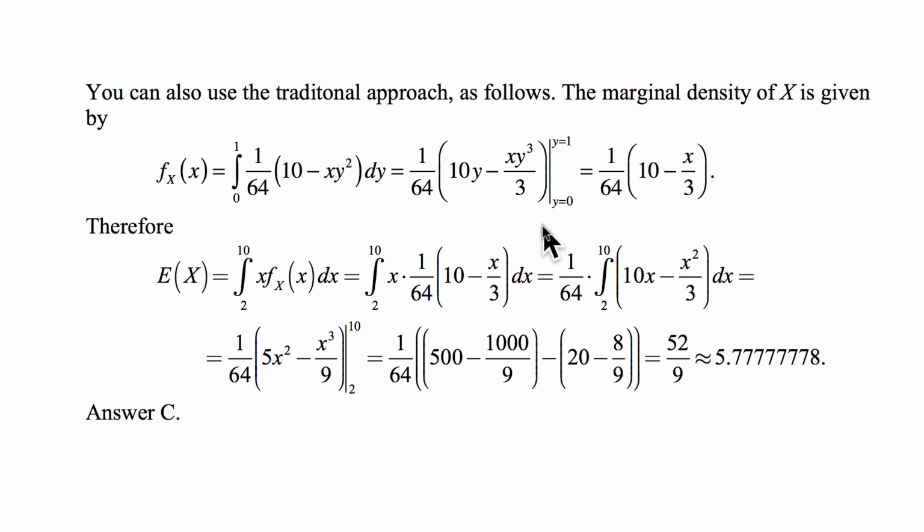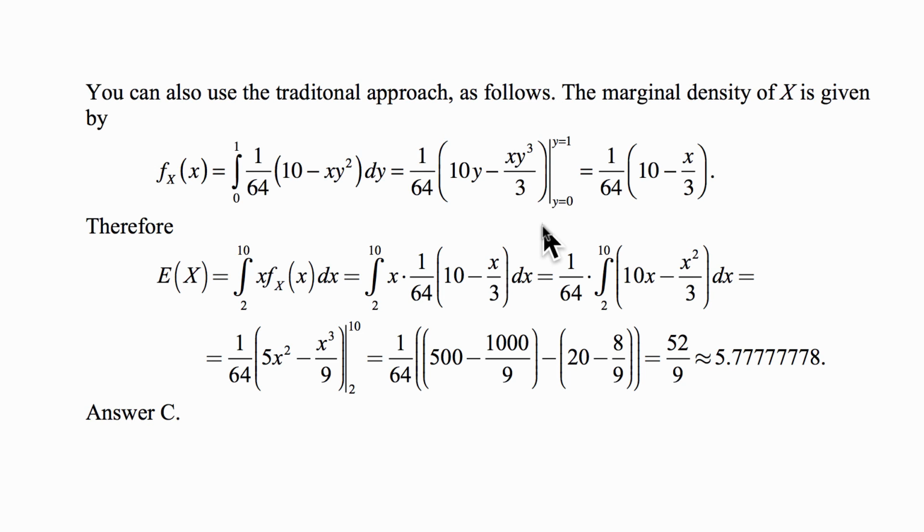And then the expected value is the integral from 2 to 10 over all possible values of x times the density, which is x times 1 over 64 times the quantity 10 minus x over 3, and then the integral of that expression, well, 1 over 64 is just a constant, and then we have 10x minus x squared over 3, so we evaluate the integral of that.